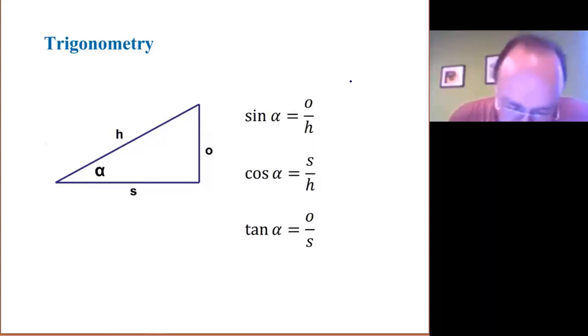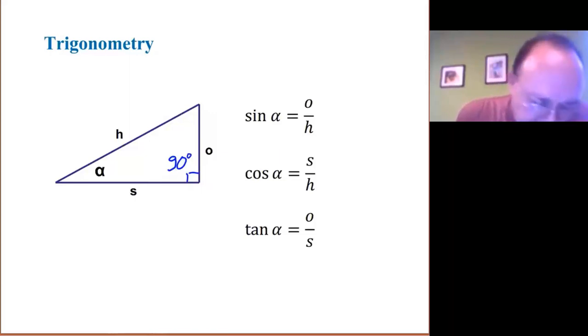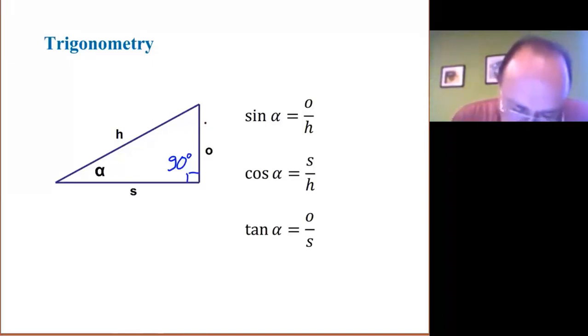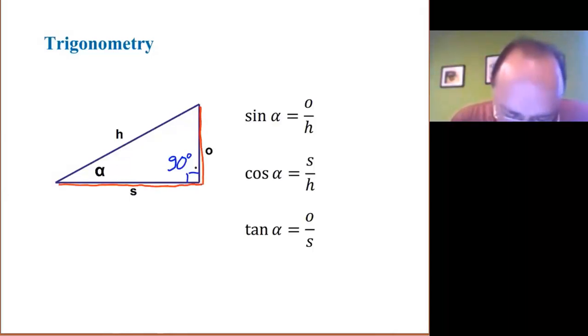So every time you have a right triangle, where one of the angles is 90 degrees, there will be two sides of the triangle that make up the 90-degree angle. That will be this side here and this side here. And then you can talk about this angle alpha, or you could talk about the other one here. Let's talk about the alpha in this case.